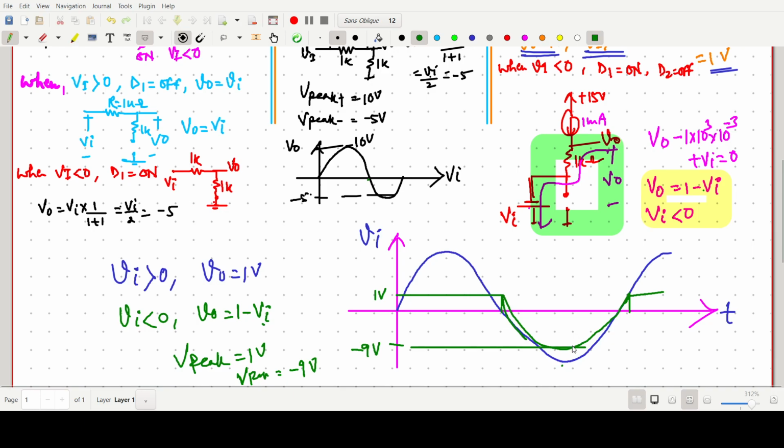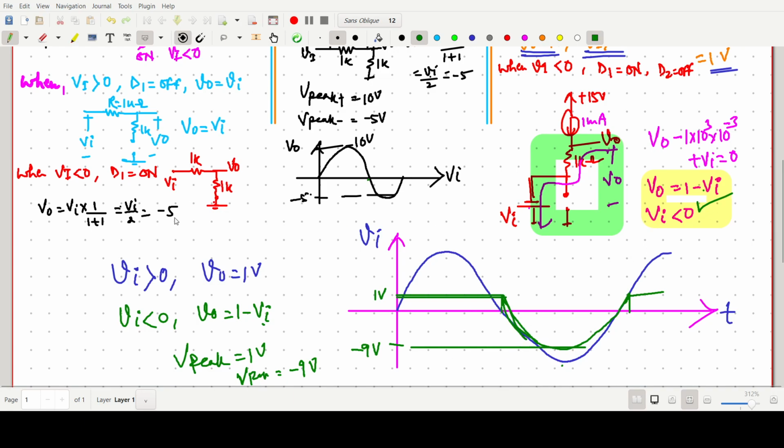Simply we can plot like this for the 1 volt level, and then after it will go down for different values. So here V naught equals 1 minus Vi. This one is your minus Vi curve. This is all about this curve.